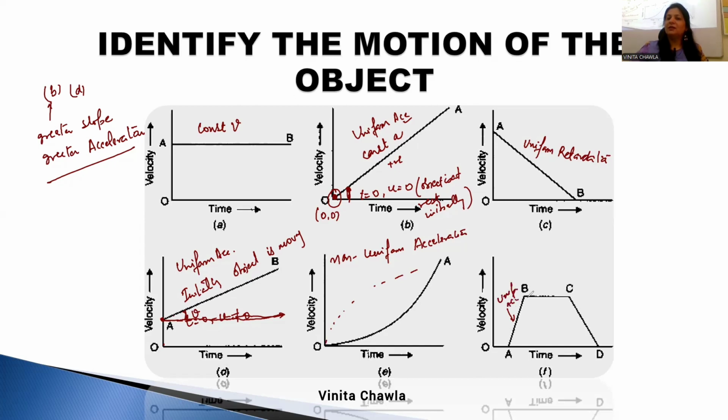And this BC, constant velocity. And this CD, uniform retardation, or we can say negative acceleration or deceleration. Now you know all the graphs.